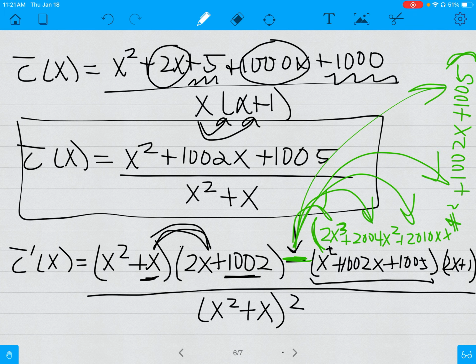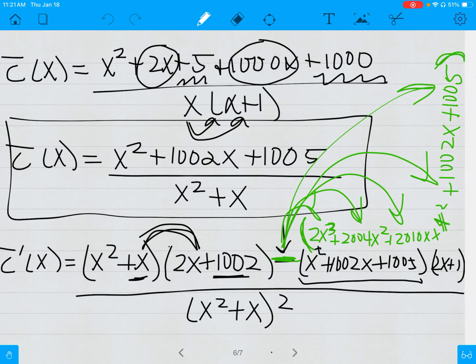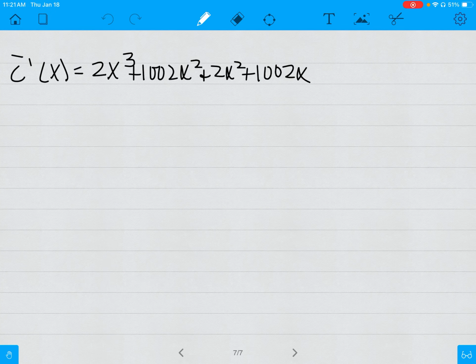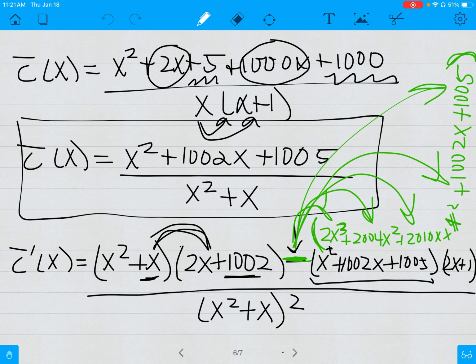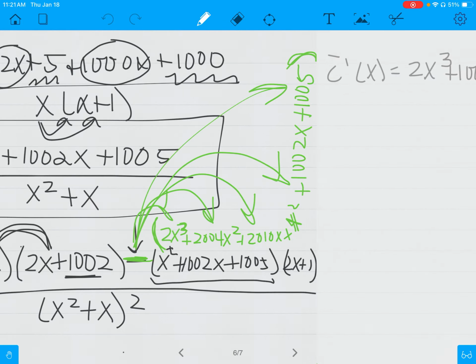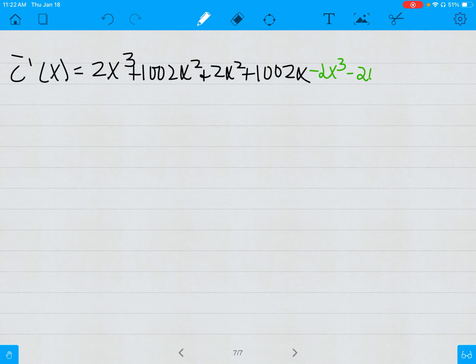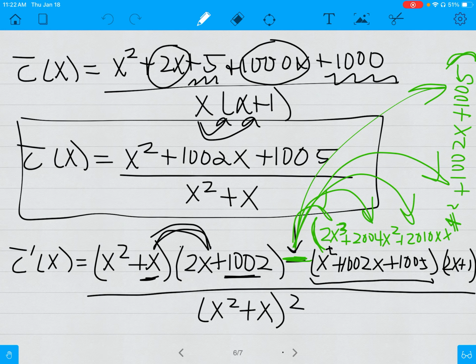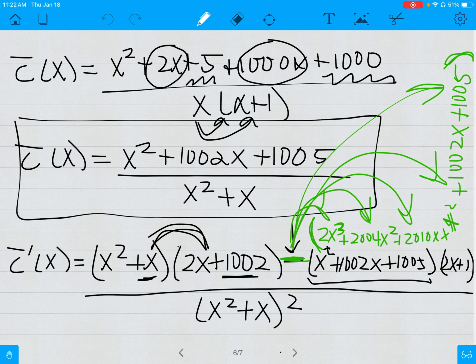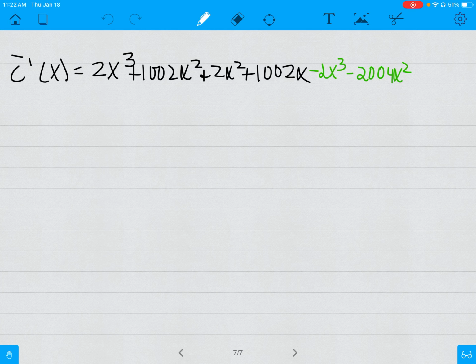So we will have a minus 2x cubed. Then we will have a minus 2004x squared. Then we will have a minus 2010x. I am so sorry, I'm going to need to squash this end part on.